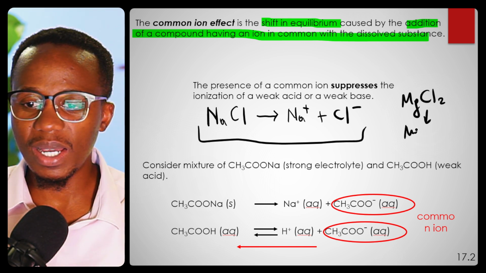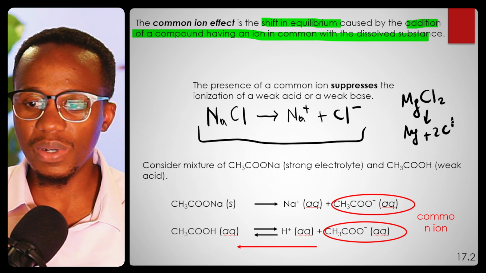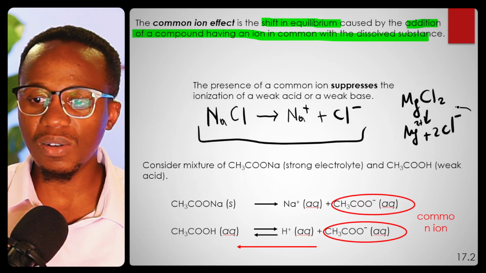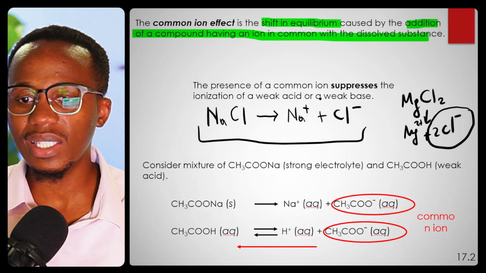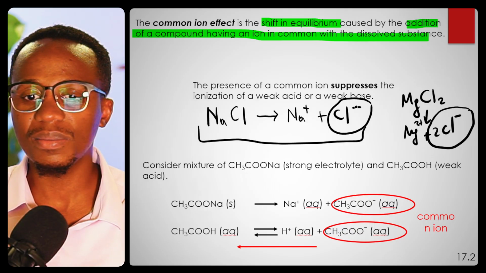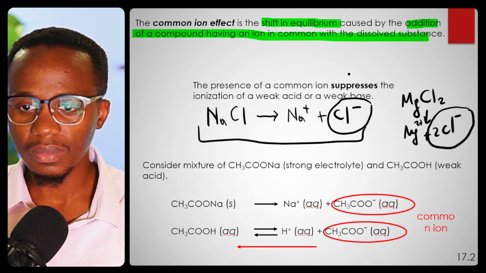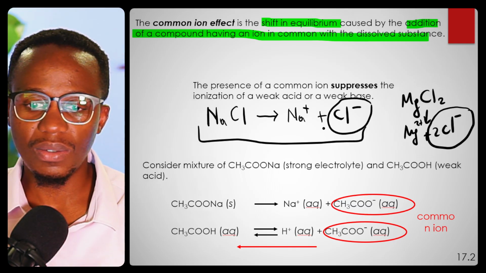We're adding magnesium 2+ and 2 chloride ions. So this chloride right here is a what? It's a common ion.